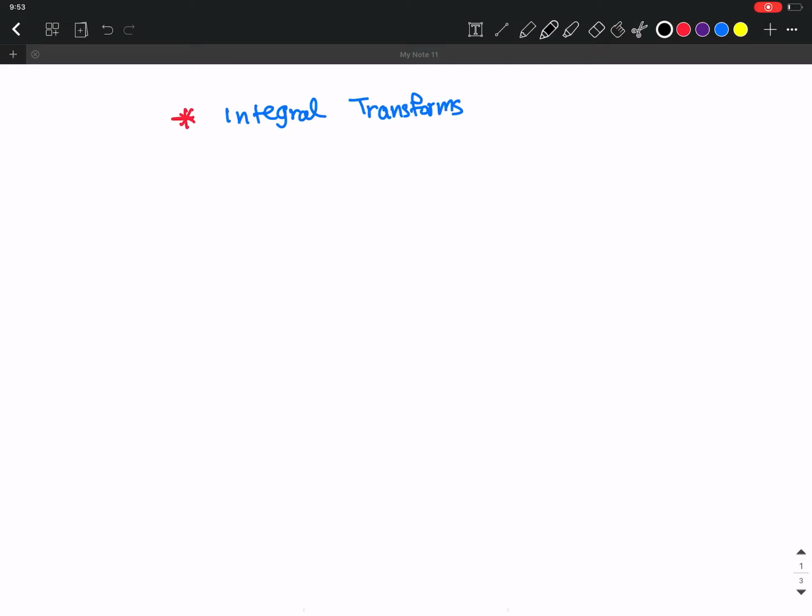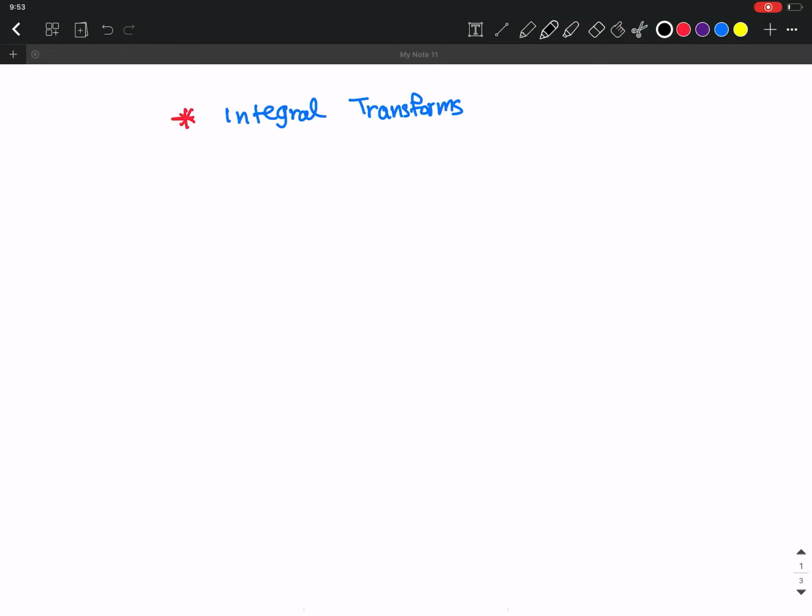Hello everyone. In this lecture, we are going to start a new topic, and that is integral transforms. In particular, we will focus on complex Fourier transforms, which is one form of many integral transforms that are available for solving partial differential equations.